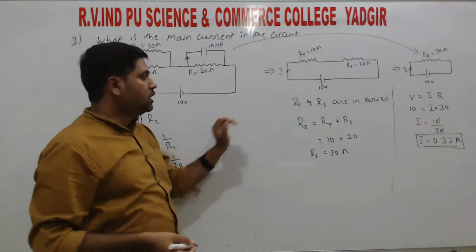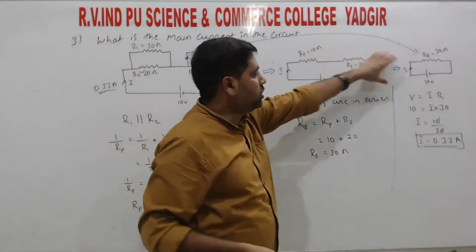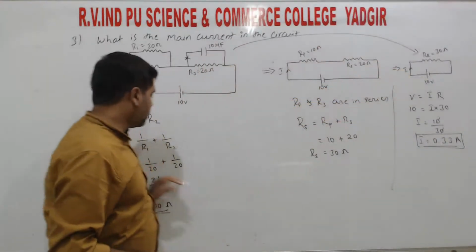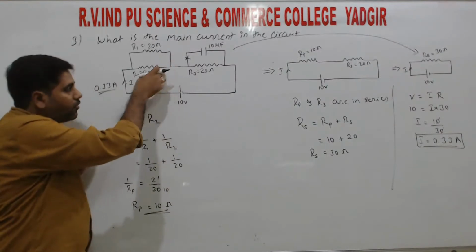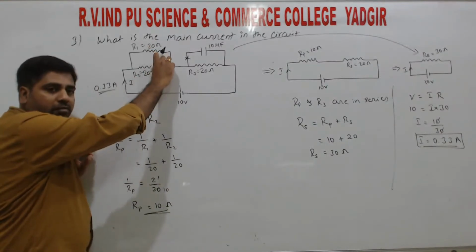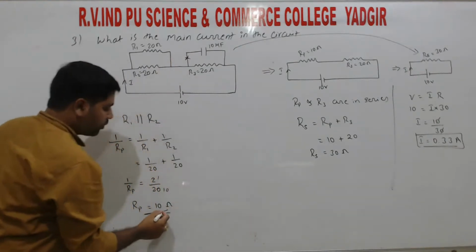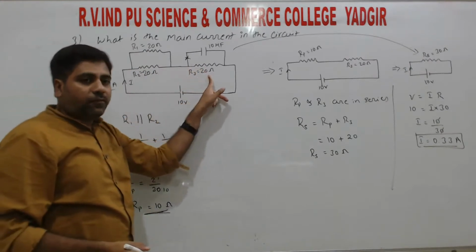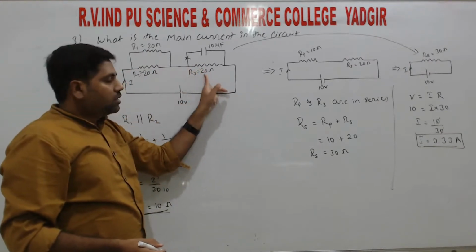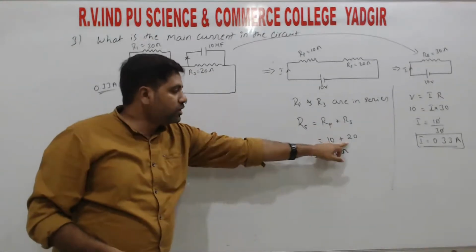So this is the simplification. In the exam there is no need to draw these diagrams, we can directly simplify. These two are in parallel. First, we find the equivalent resistance of these two resistances, which gives Rp. Next, this equivalent resistance is in series with the third resistance, so we have the formula Rp plus R3, 10 plus 20, 30.